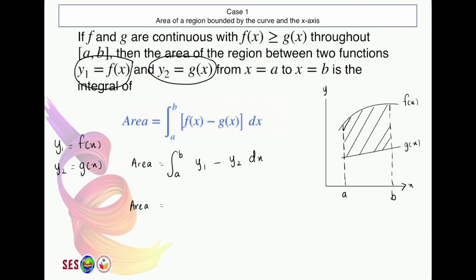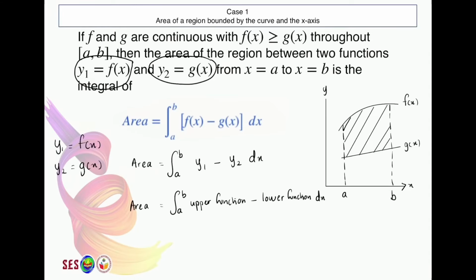As a rule of thumb, to find the area of a region bounded by the curve and the x-axis, it will be a lot easier if you remember the formula this way. You take the integral bounded from a to b, and you take the upper function minus the lower function, and you integrate the whole thing with respect to x.